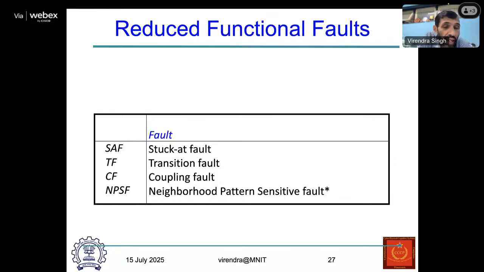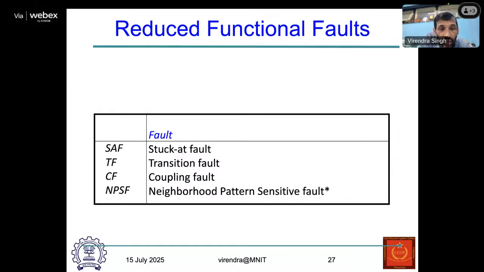So if there are n storage elements, how many faults of transition type can I have? Two faults per cell. One is the transition from 0 to 1, another is from 1 to 0. So we have 2n stuck at faults, and 2n transition faults. Then the third one is also important.